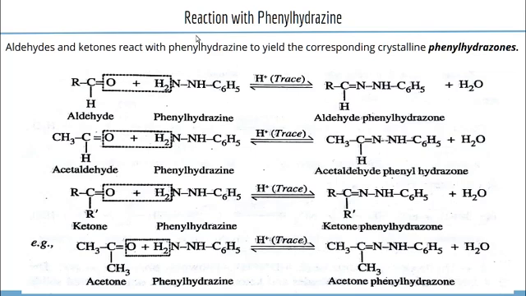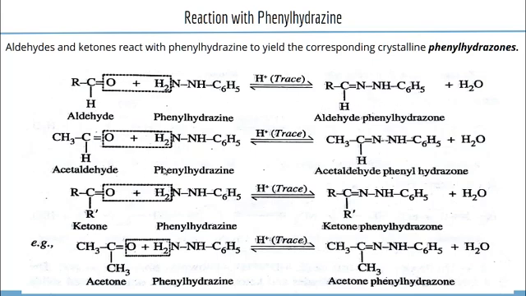Another condensation reaction is the reaction with phenylhydrazine. Aldehydes and ketones react with phenylhydrazine to yield the corresponding crystalline phenylhydrazones. Hydrazine is NH2NH2. From hydrazine, one hydrogen is replaced by a phenyl group, then we will get phenylhydrazine. Phenylhydrazine on condensation with aldehyde, we will get aldehyde phenylhydrazone.